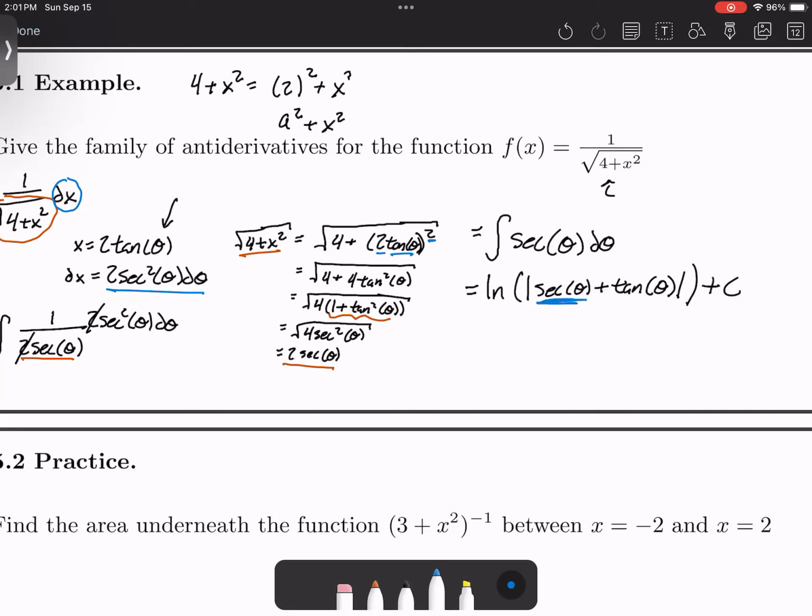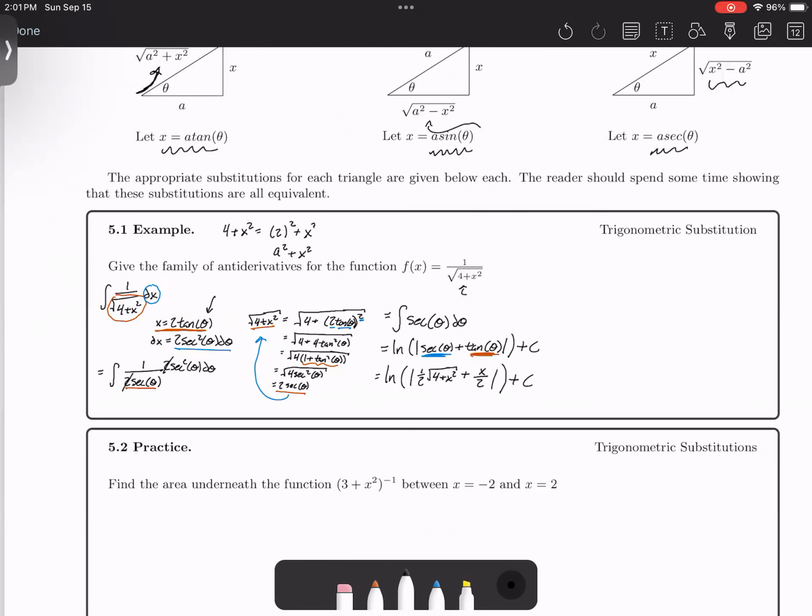Secant of theta can be replaced with 1/2 of the square root of 4 plus x squared, and tangent of theta is replaced with 1/2 of x. So now that's a good antiderivative for 1 over the square root of 4 plus x squared.